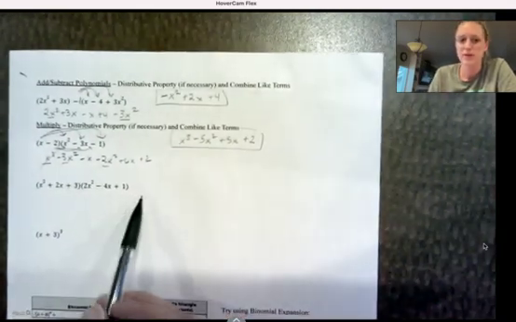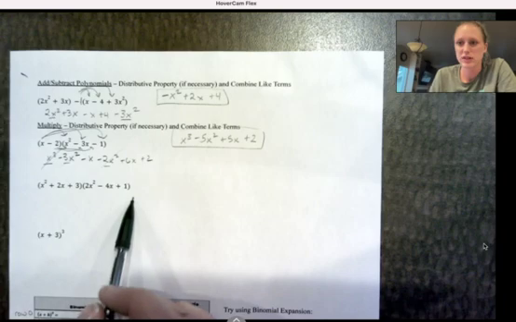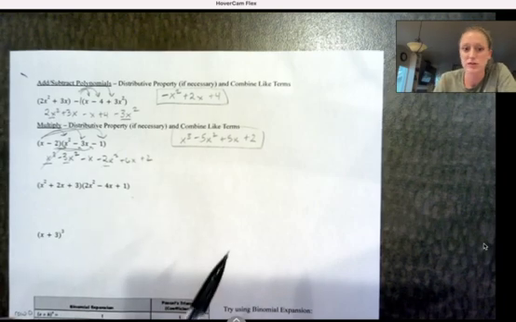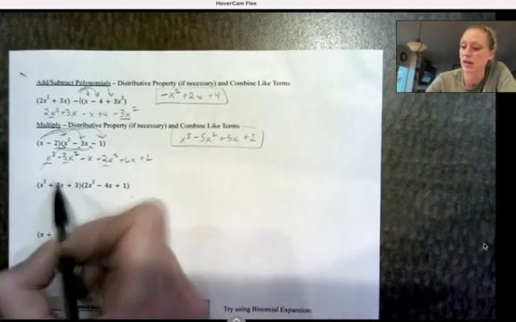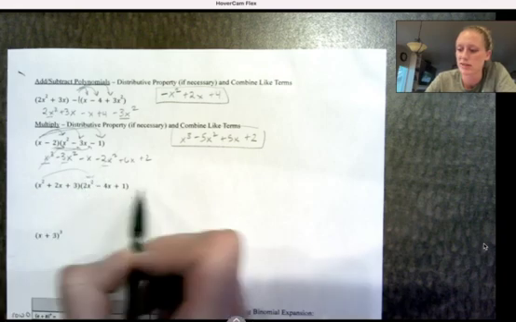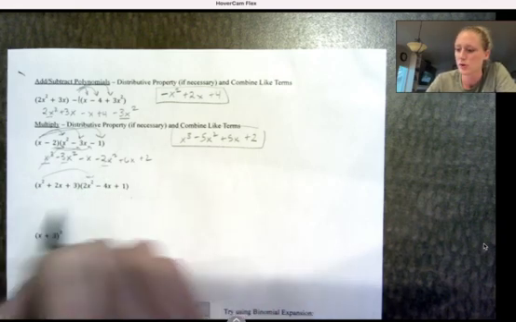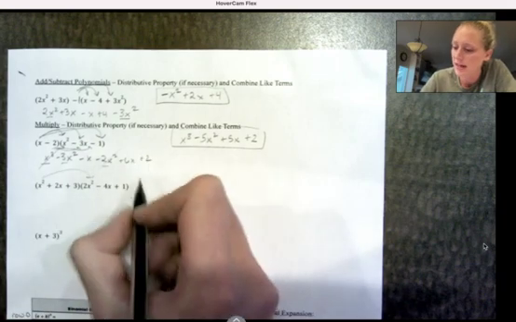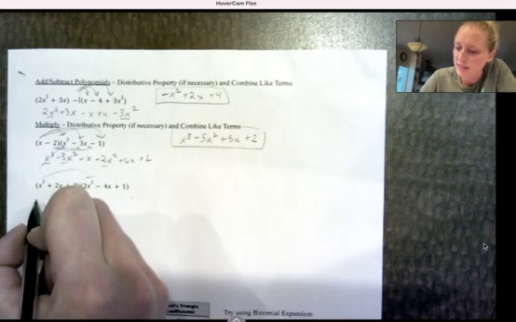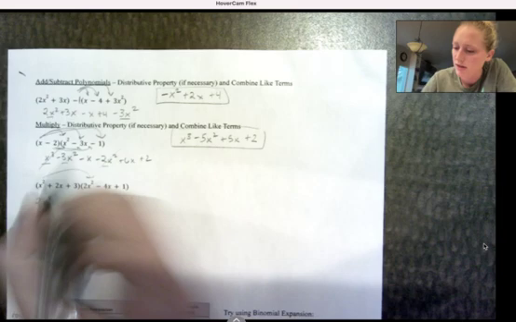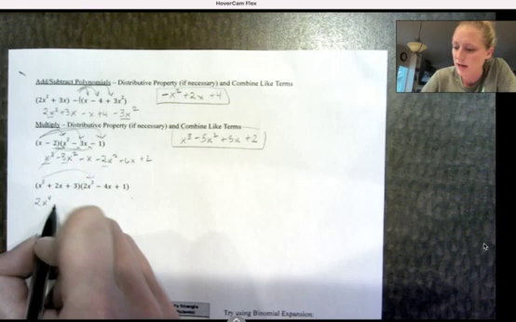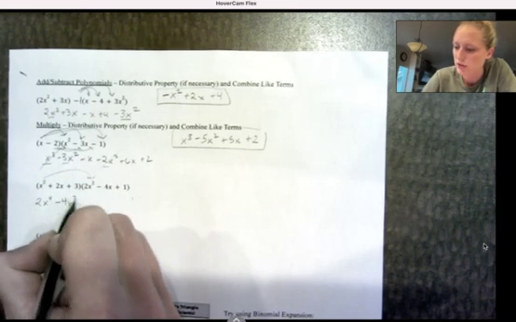Okay, here we're multiplying a trinomial times a trinomial. I still distribute. This time I'm just going to do it 3 times. Okay, so I'm going to take x squared times everything, then 2x times everything, then 3 times everything. So x squared times 2x squared, add the exponents, and I get 2x to the fourth. X squared times -4x, -4x cubed.